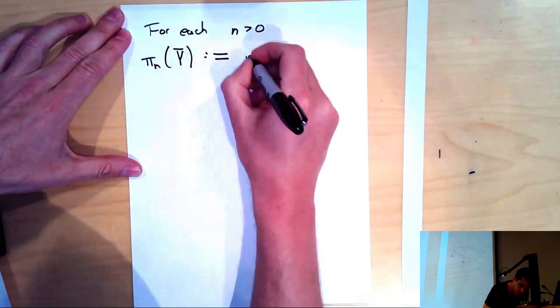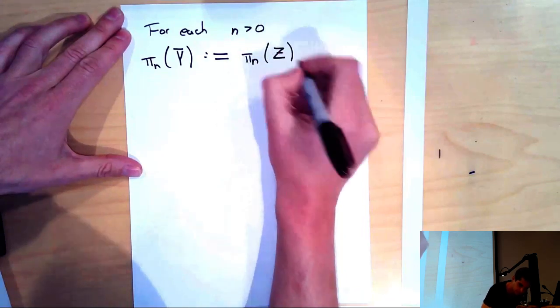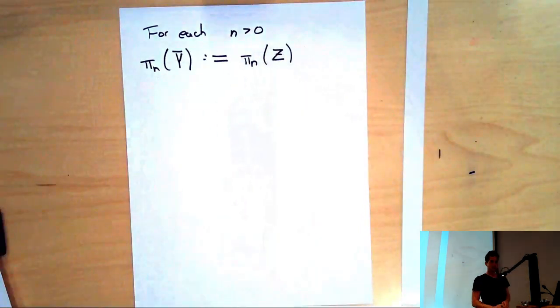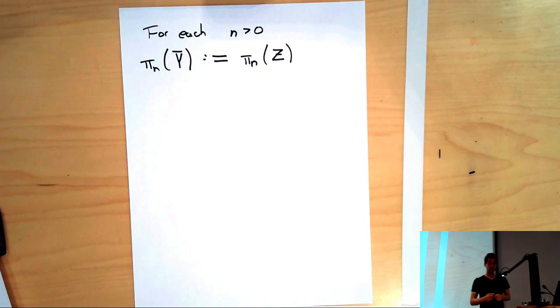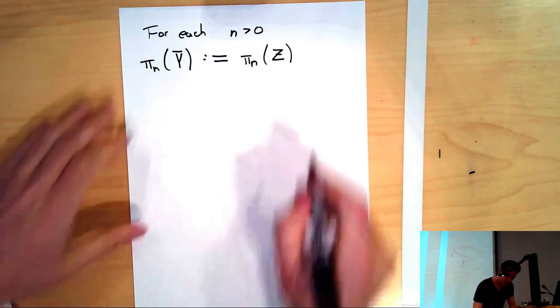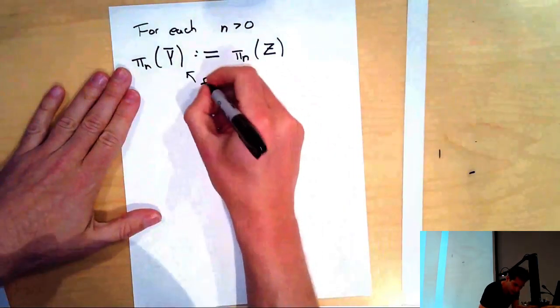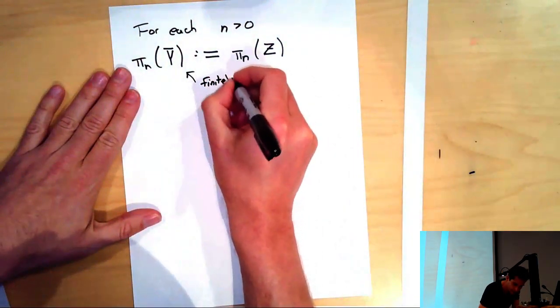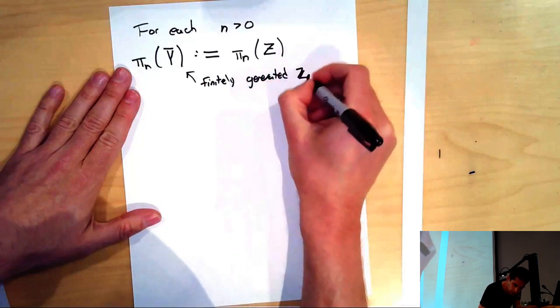What I'm just going to mean is take pi n of this topological space Z. Here maybe I should mention base points, although I'm in this case where these objects really behave like they're simply connected, so their homotopy groups are independent of a choice of base point. So this, by what I told you about Z, property 1, is actually a finitely generated Z_L module.